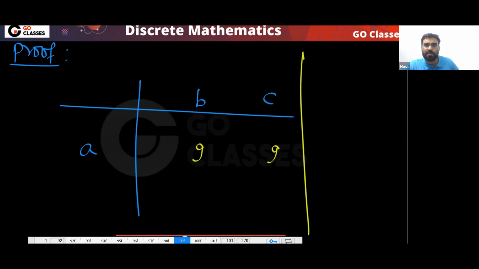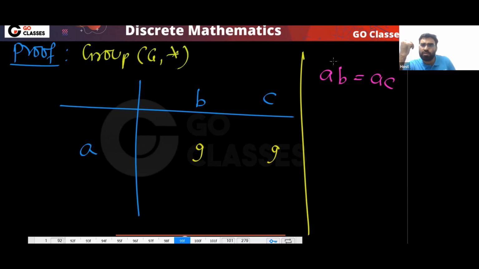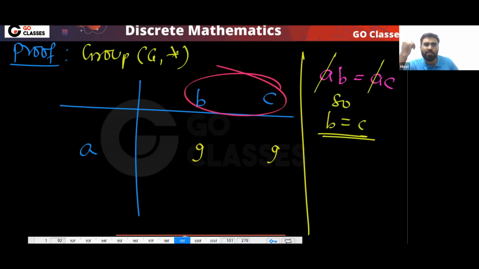Then it means B equals C, right? Because you are saying that AB equals AC. Now, because it is a group, we are talking about a group, what can I do? I can say that B equals C. Yes or no?